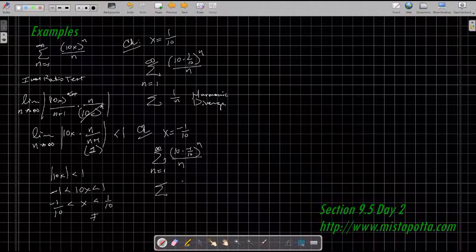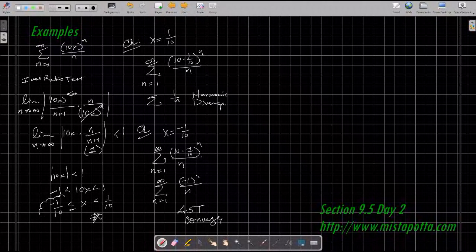And this really ends up being negative 1 to the n over n, as n goes from 1 to infinity. And this satisfies the alternating series test. So this converges. And because it converges, I do include this point, and I do not include this point.